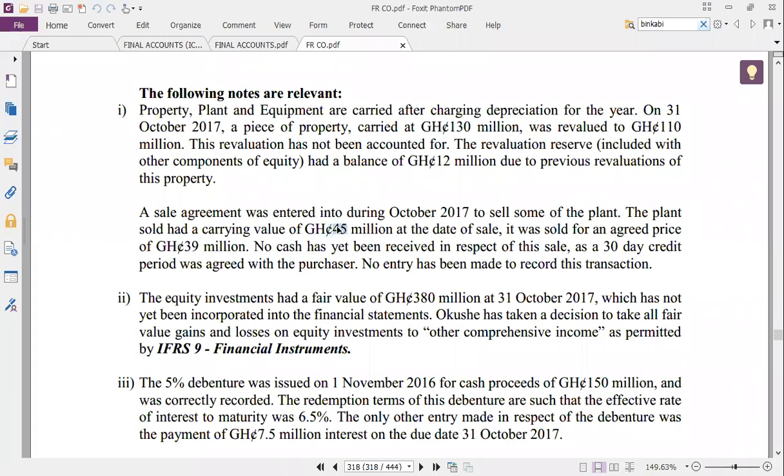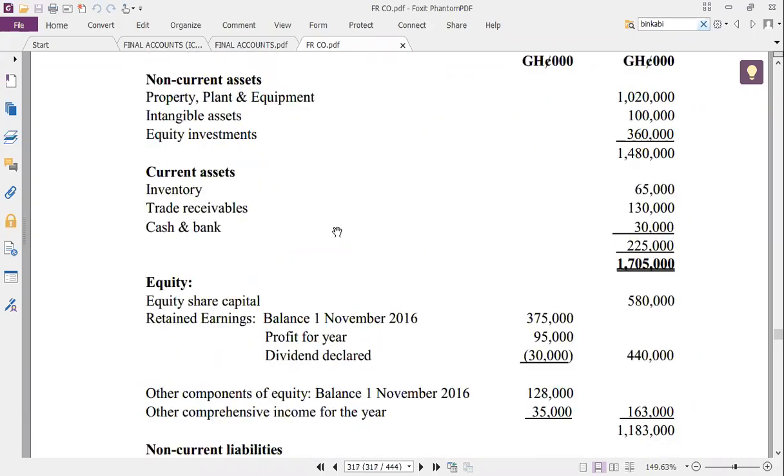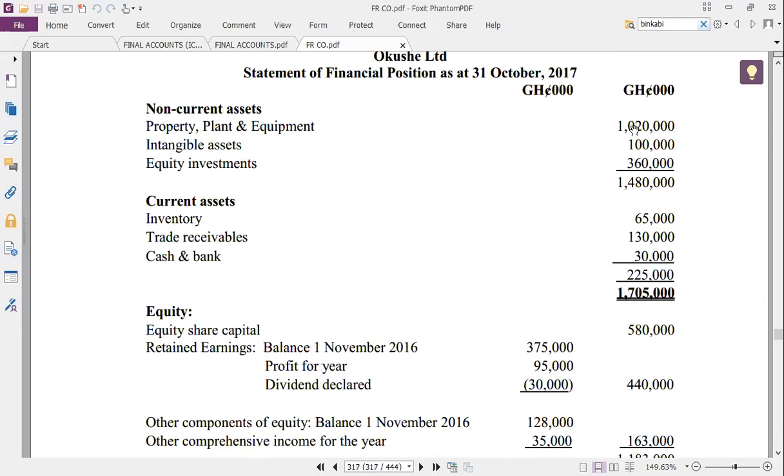So the final answer for PPE here, that 1020, you take off 45 from it, and then take the revaluation loss also from it. There's a revaluation loss of 20 million. So we are subtracting two items from this PPE. First of all, the revaluation loss, we are subtracting 20 million from this, so 20,000.